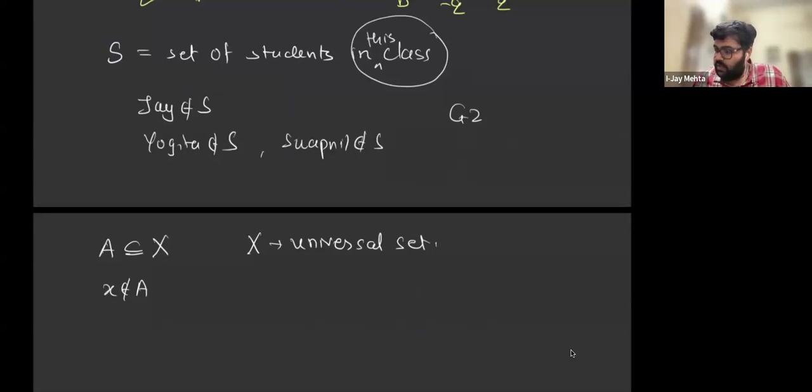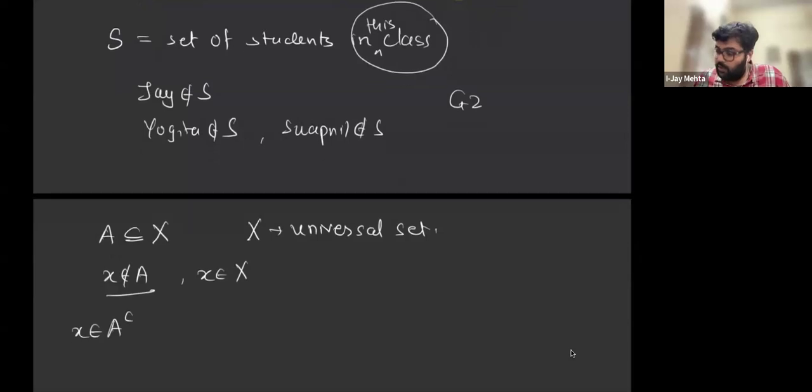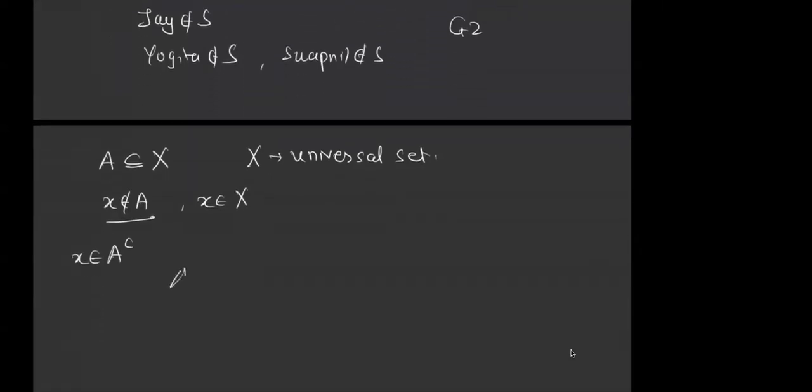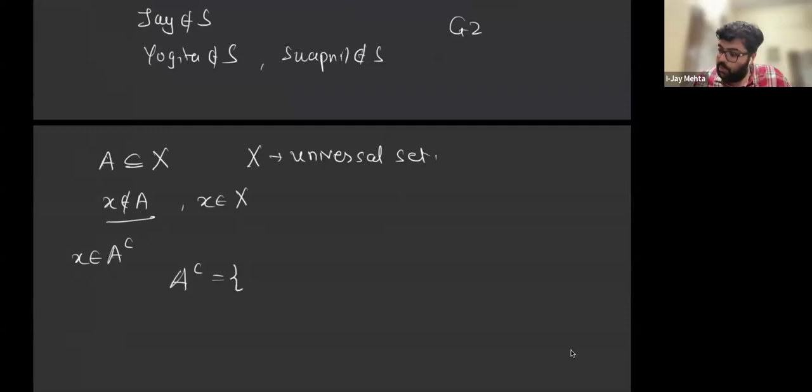So if X is not in A, where is X coming from? We are saying X is in X, and we say that if X is not in A, then X is in A complement. So how do we write complement? If I want to write complement as a set, how do I write this? A complement.